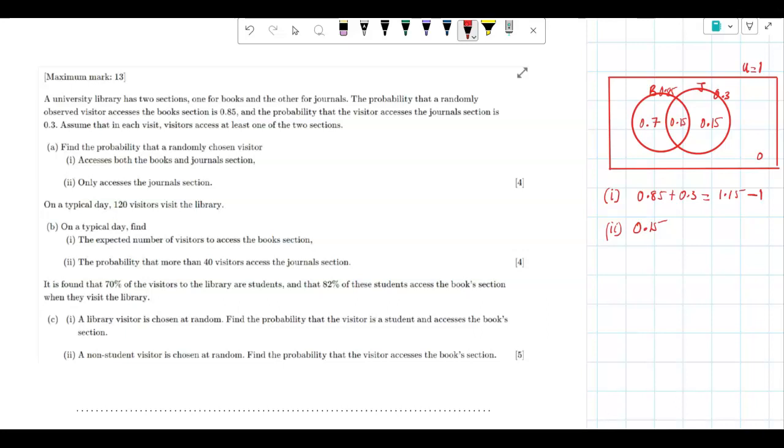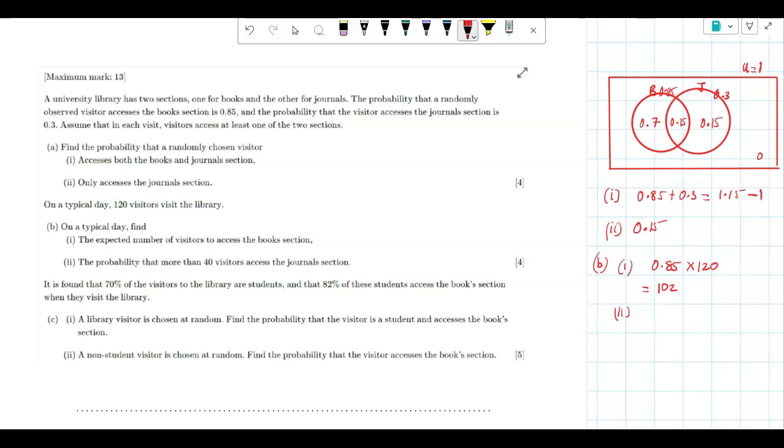On a typical day, find the expected number of visitors to access the books section. So 0.85 for the book section, multiplied by 120. That's 102 visitors. Then the probability that more than 40 visitors access the journal section.